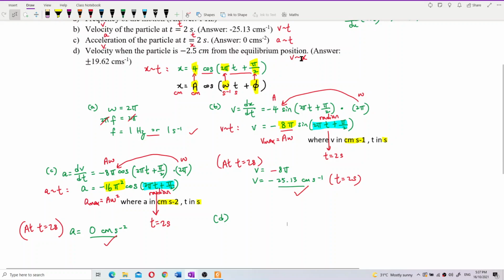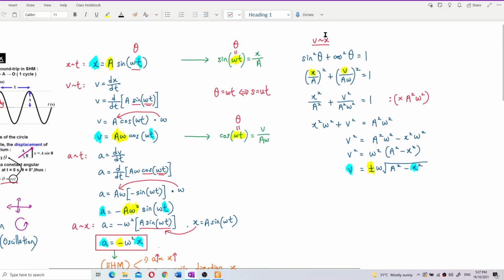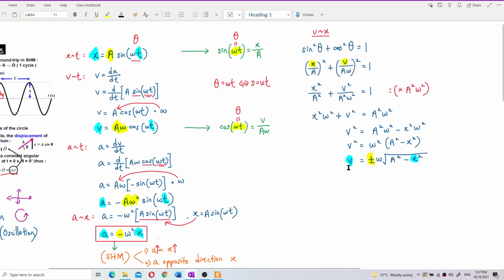This one you need to use the velocity displacement equation. What's the equation? The velocity displacement equation is plus minus omega square root of a square minus x square. So use this equation.